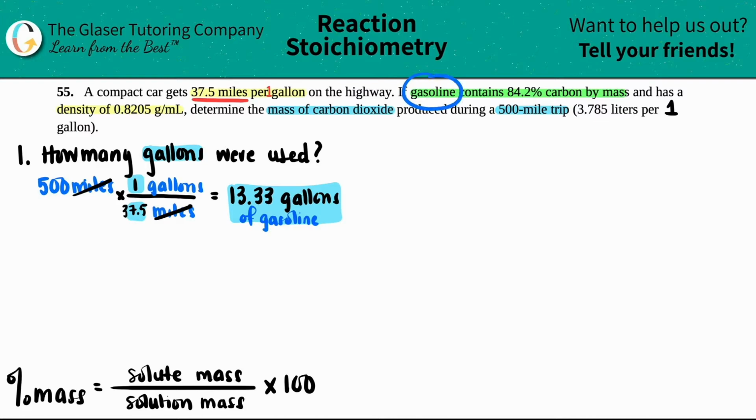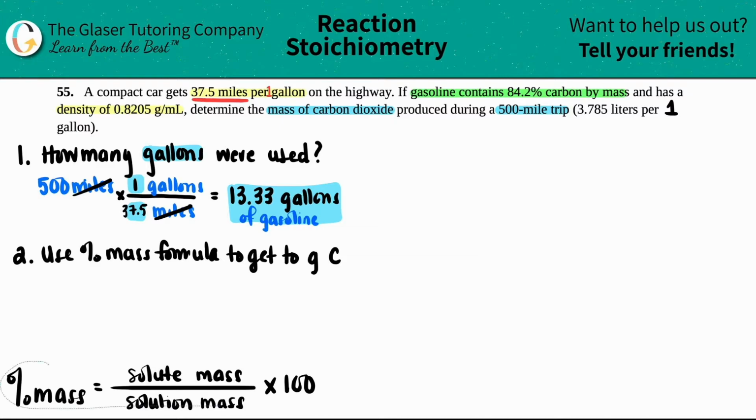I can't make a balanced equation with gasoline and carbon dioxide because I don't know what gas they used. Well, they technically used octane, but it's not a specific direct compound because there are different grades, like 85, 87. So we have to somehow get to carbon. But this percent mass formula will get us there. So that's number 2. I now have to use the percent mass formula to get to grams of carbon.